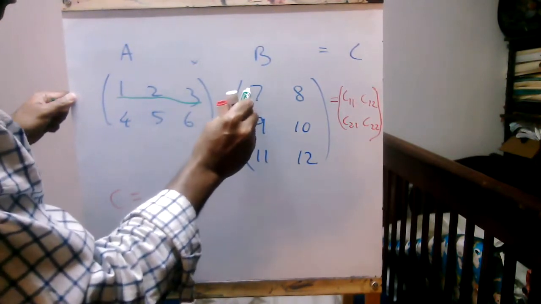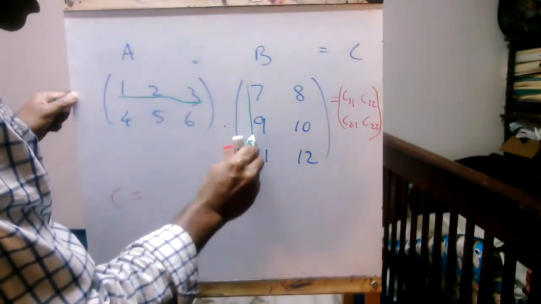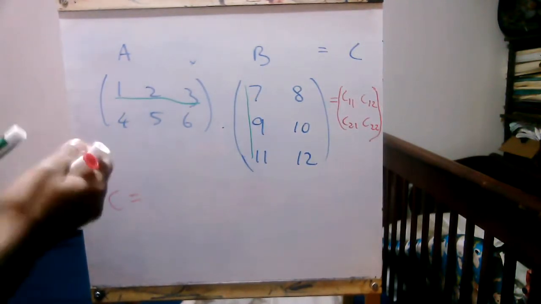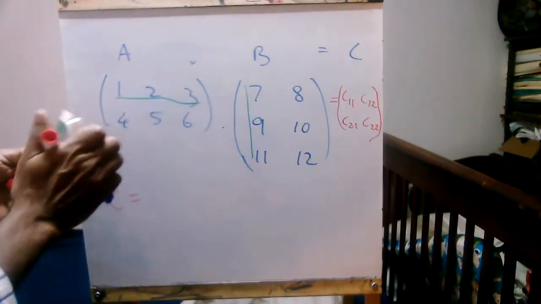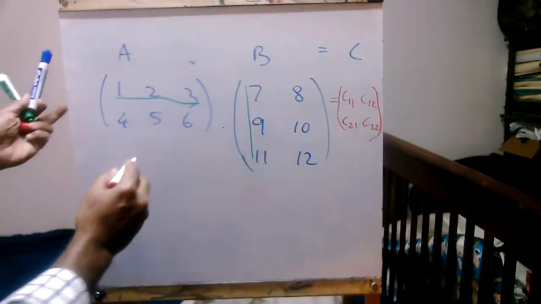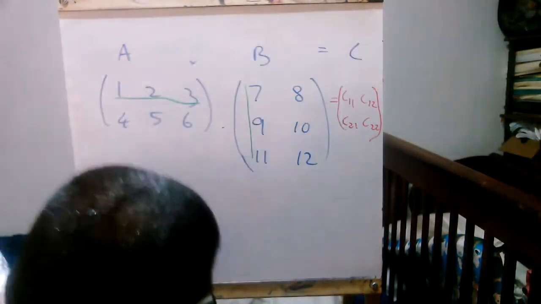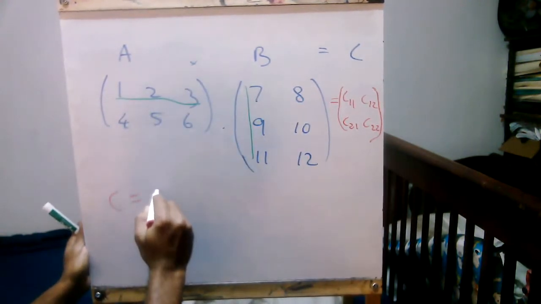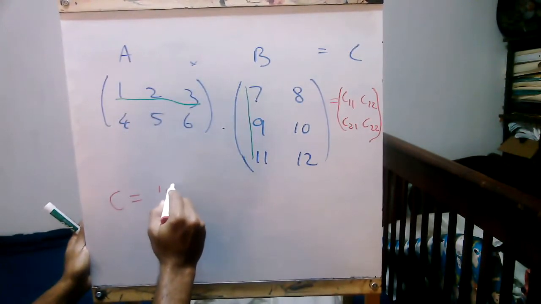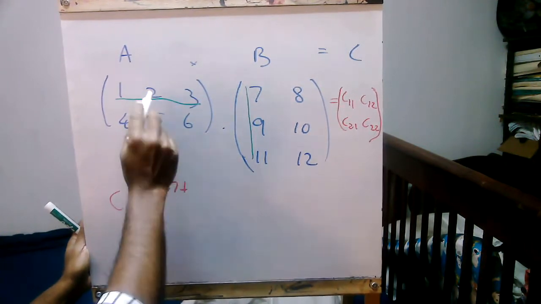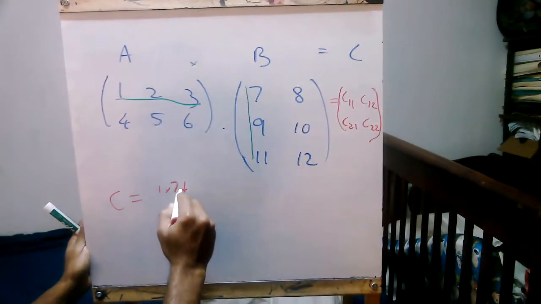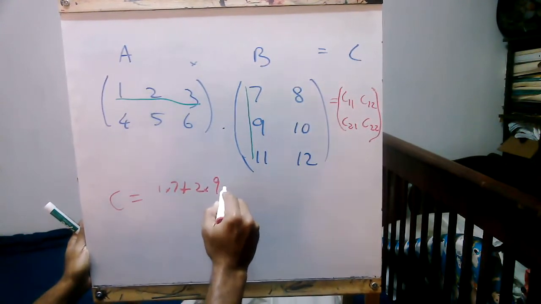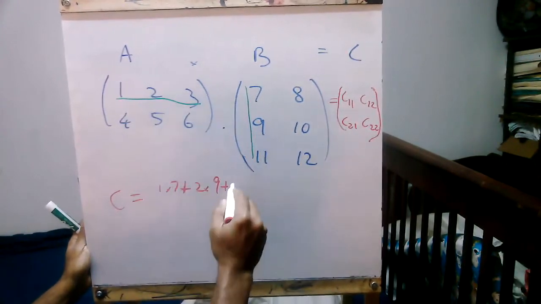Multiply that with the first column of the second matrix. See this green line. How do we find that? 1 times 7 plus 2 times 9 plus 3 times 11.